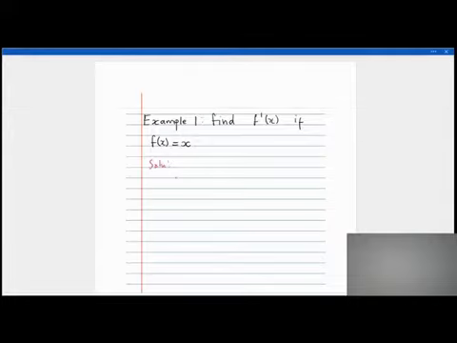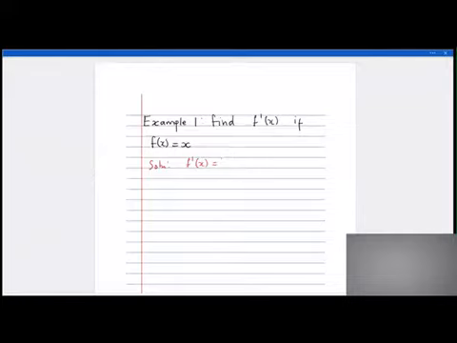We write the first principle: f prime of x is equal to the limit as h tends to 0 of f of x plus h minus f of x, all over h.